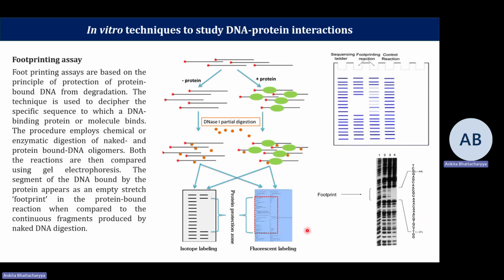And what you see on the bottom is a representation of such a result, where you can see that in the fourth lane there is complete protection, and there are no fragments of this particular size, and as a result, you do not see any fragments in this range, and so they are all protected. So again, something extremely cool and extremely nice to study. And this represents the actual sequence which is present within that region, which is bound by your protein of interest.